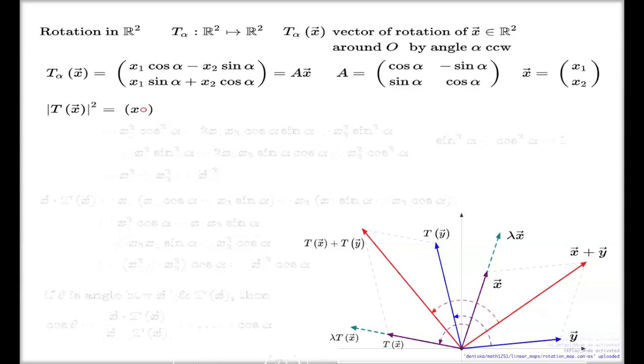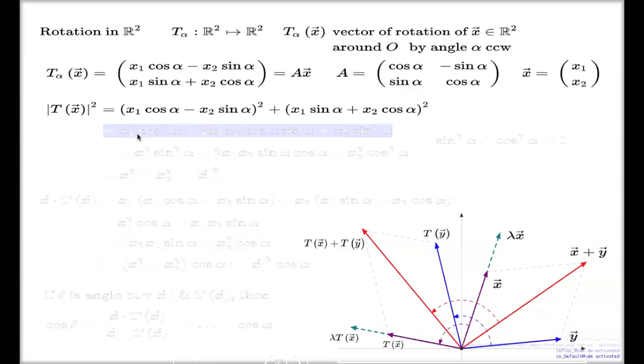The length of the image vector, well, we all know how to compute the length, or the modulus, of the vector. It's the sum of the squares of the components. Here are my components: x1 cos alpha minus x2 sine alpha, squared, plus x1 sine alpha plus x2 cos alpha, squared. Here's the expansion. It's the binomial formula applied twice.